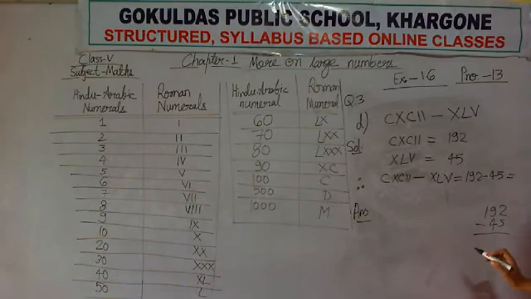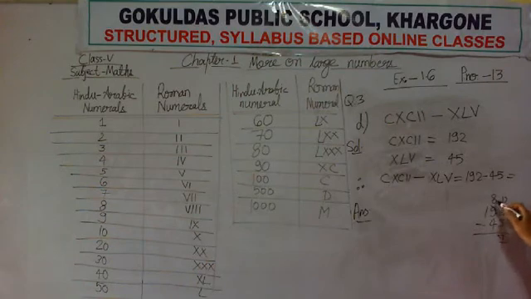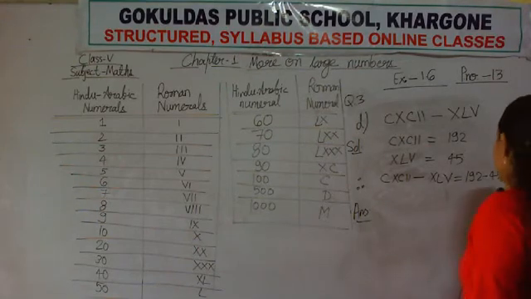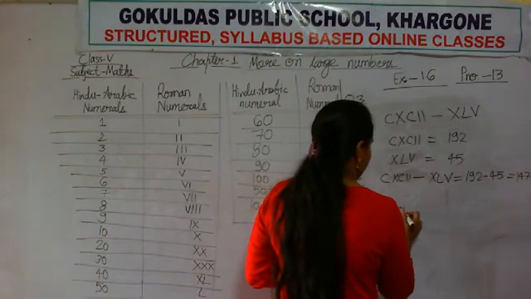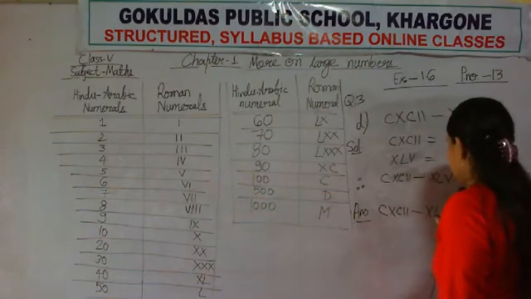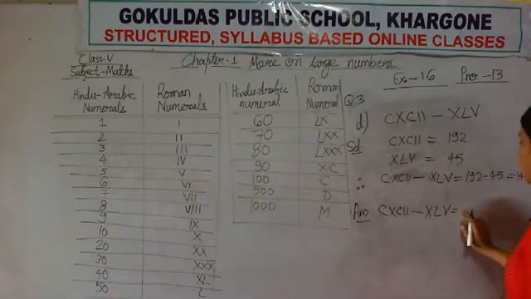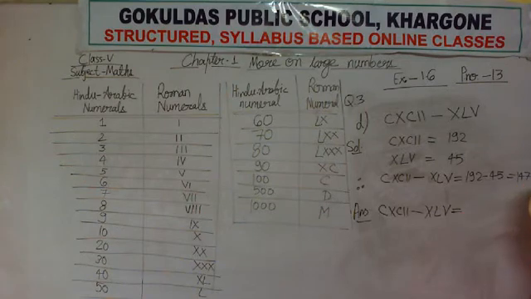You cannot subtract 5 from 2, so you will borrow. 12 minus 5 is 7. The answer is 147. Now write the Roman number for 147.